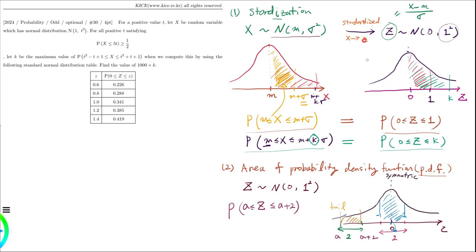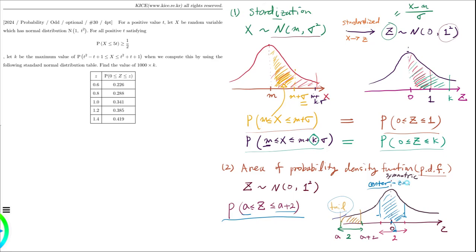So roughly this probability value is larger than the tail part when this interval is closer to its center.